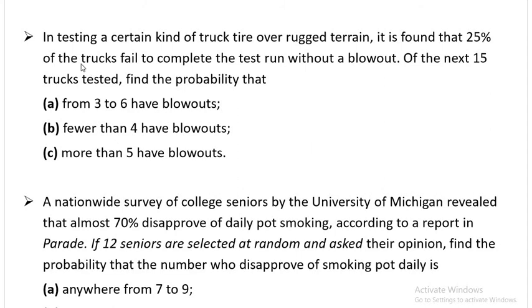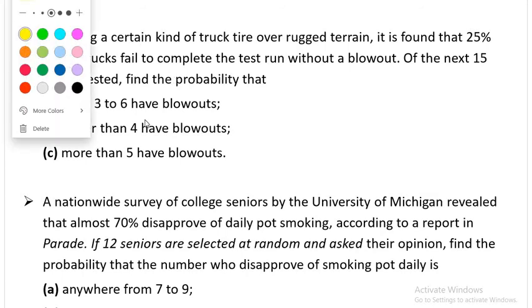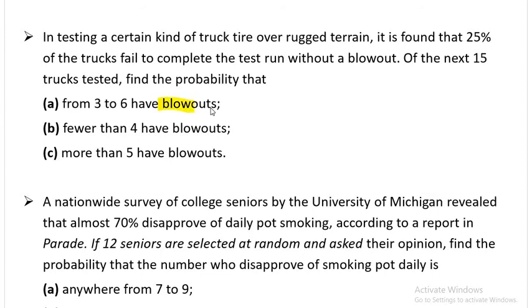For example, this question: in testing a certain kind of truck tire over rugged terrain, it is found that 25% of the trucks fail to complete the test run without a blowout. Out of the next 15 trucks tested, find the probability that 3 to 6 have blowouts. Now the question is about blowouts, so I'm interested in blowouts. What is the probability of a blowout?